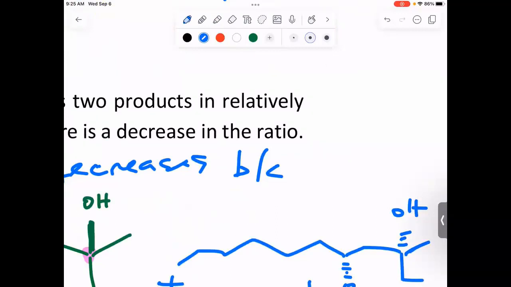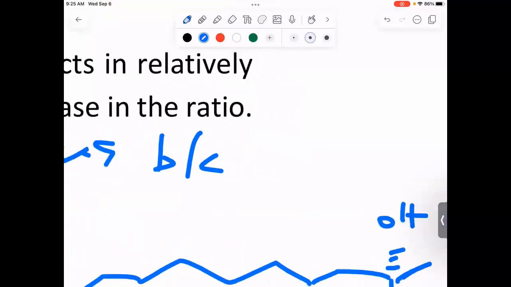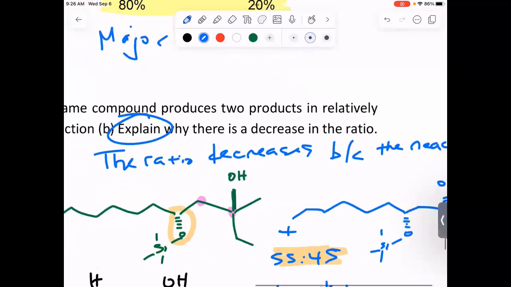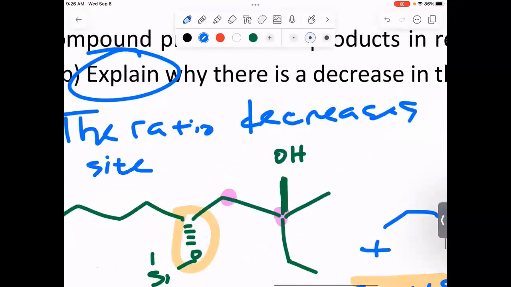Let's say the reactive site is further away from that pre-existing chiral center, because that's how we couched this up when we first started talking about it. So the reactive site is further.